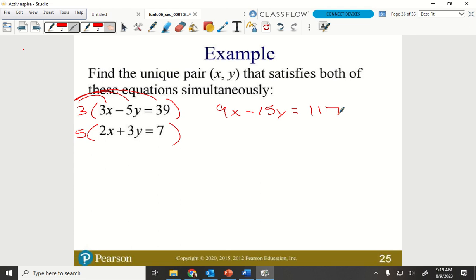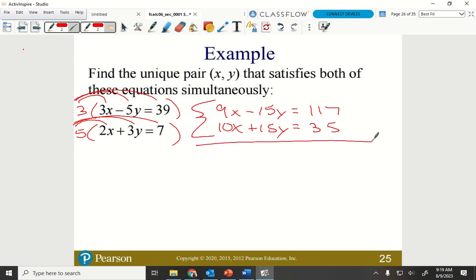Next one. I'm going to distribute the next one, which is going to give me 10x plus 15y equals 35. And what am I doing with those? Combine them.